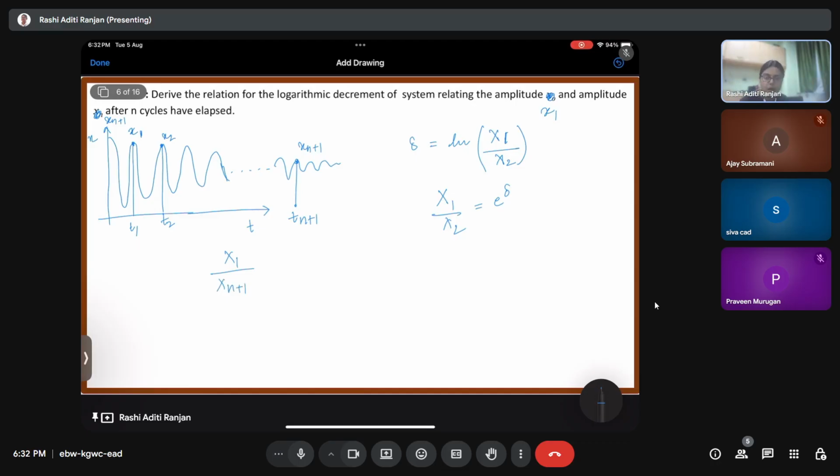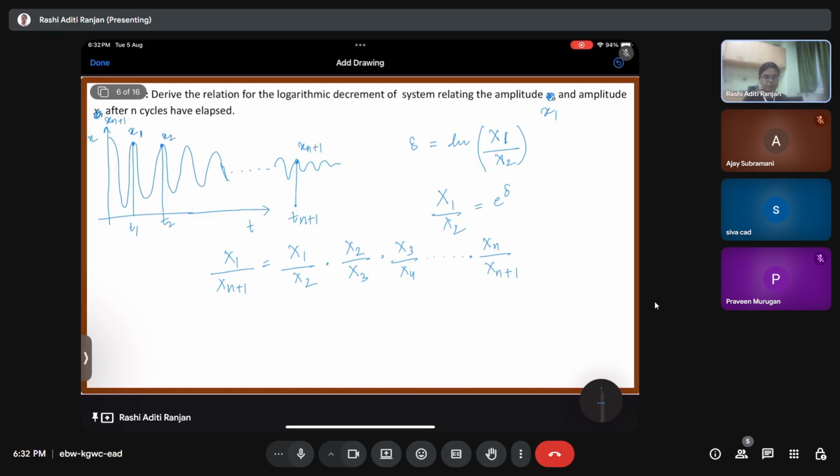This is what we require. How do we actually find it? So we can write it something like x1 by x2 dot x2 by x3, I'm using dot over here because the cross is going to create confusion, dot x3 by x4, likewise up to xn by xn plus 1. So what did we do? We had x1 by xn plus 1 and we multiplied and divided it by x2, x3, x4, likewise till xn.